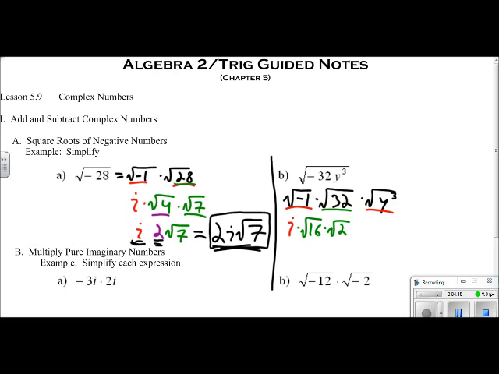And the square root of y cubed can be broken down into the square root of y squared times the square root of y. The square root of 16 is 4, and the square root of y squared is y. We leave our i. Our square root of 2 does not reduce, nor does our square root of y. So we have i times 4 times the square root of 2 times y times the square root of y.